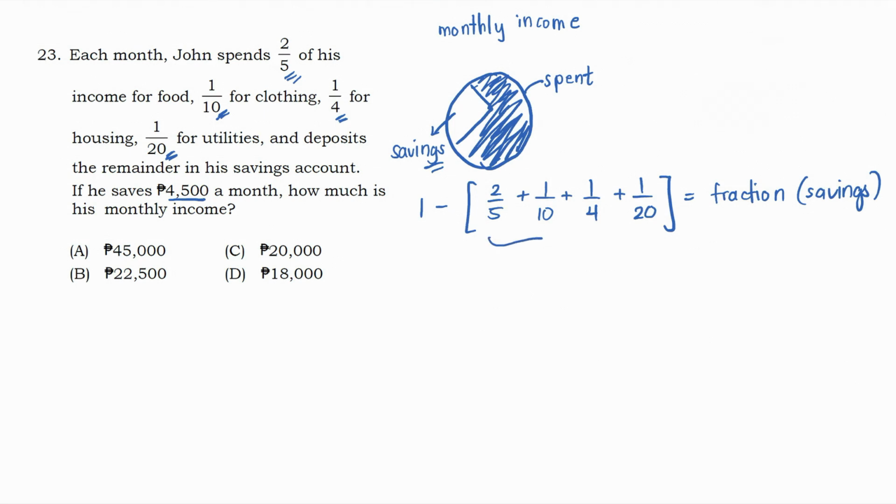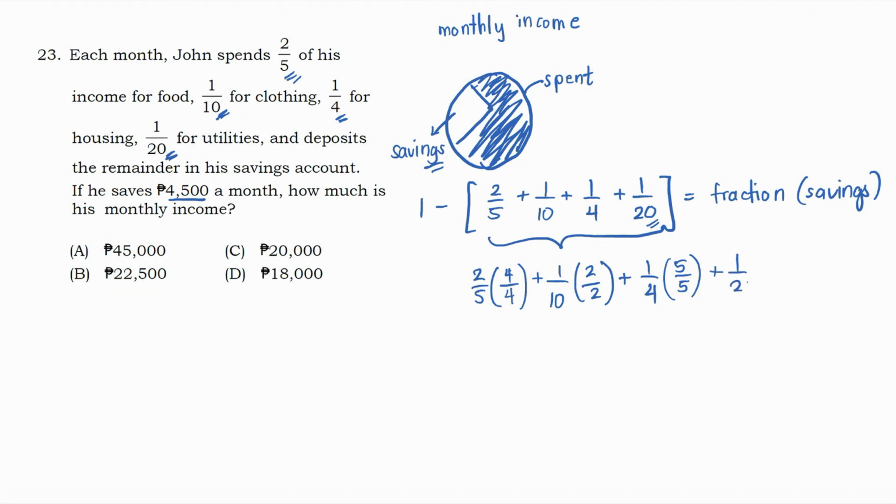So, first, kunin muna natin yung summation nitong lahat. Yung least common multiple nila is 20. So, dapat pare-parehong 20 yung denominators nila para ma-add natin sila. So, 2 over 5 times 4 over 4 plus 1 over 10 times 2 over 2 plus 1 over 4 times 5 over 5 plus 1 over 20.